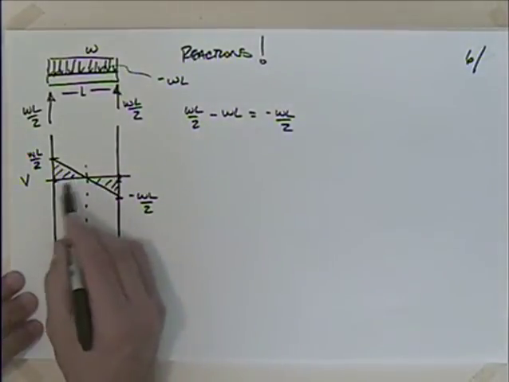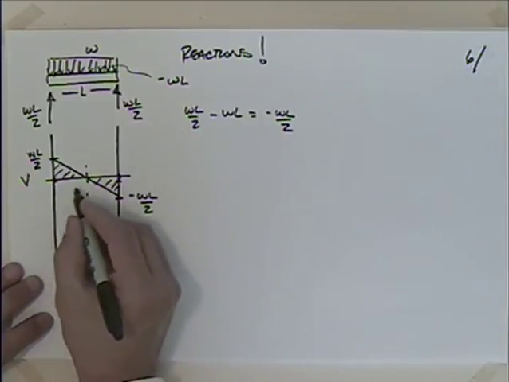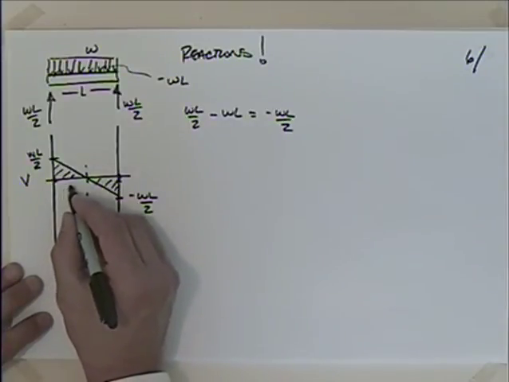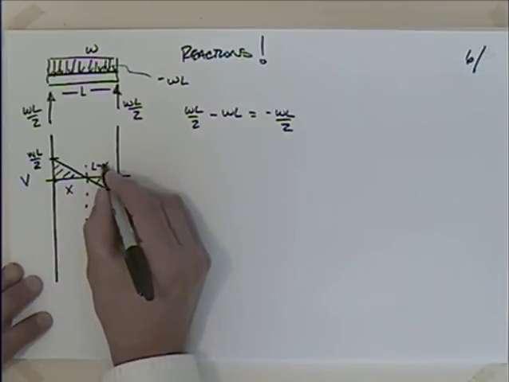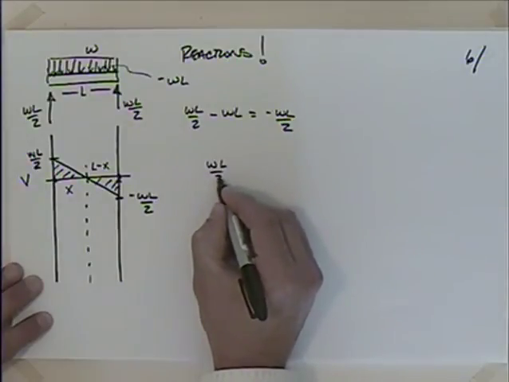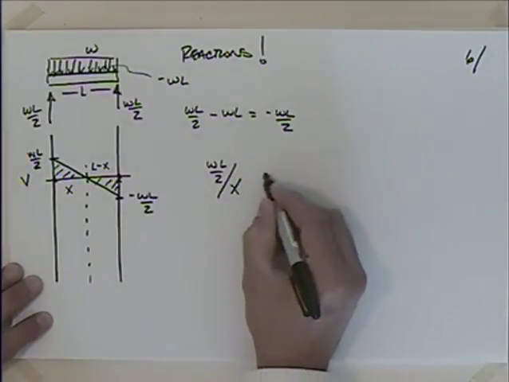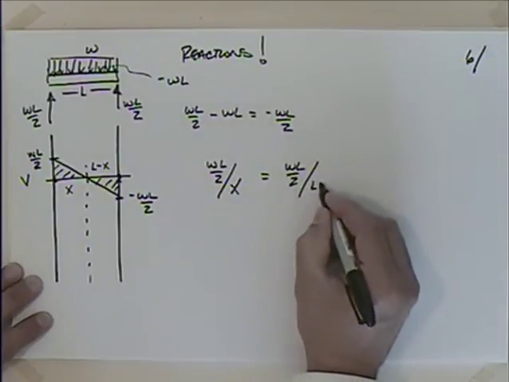And this one's fairly obvious to see where it crosses. Sometimes it's not so obvious. You just use similar triangles. You could say that this distance is x, and this is L minus x. So by ratio and proportion, you would say that WL over 2 is to x as WL over 2 is to L minus x.